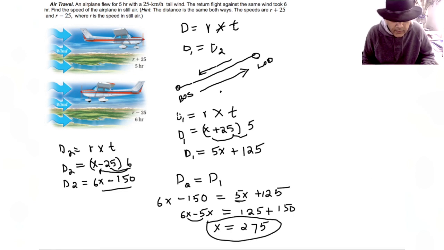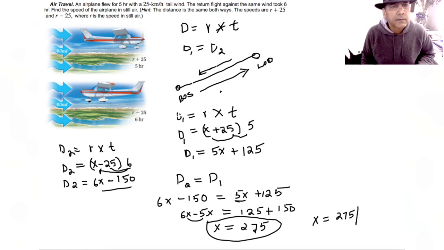So the speed of the aeroplane is what? 275. So let's write down here, x is the speed of the aeroplane.